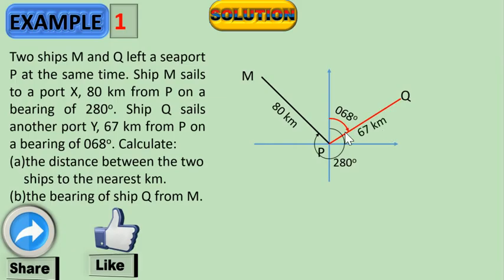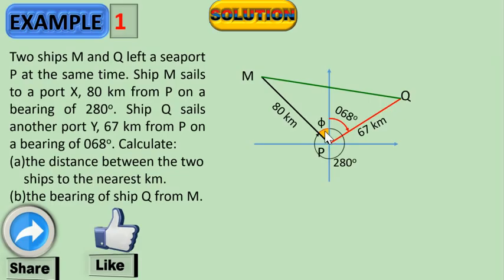Now, in any examination, the examiners will want to see the following to give you the marks for the diagram: the first bearing, the second bearing, the distance of Q from P, and the distance of M from P. These 4 important figures must be shown in your sketch for you to earn maximum mark. Then we join M to Q. So now we are ready to solve the problem.